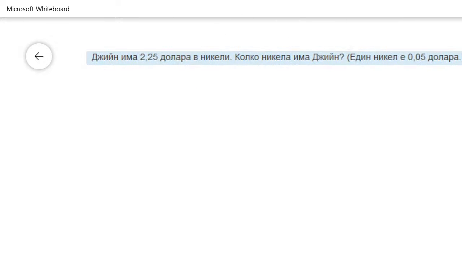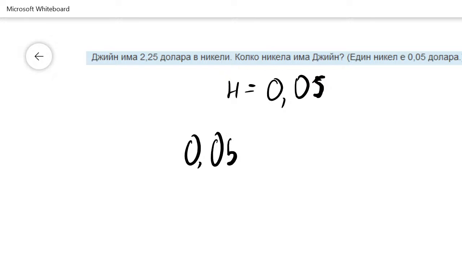And there they type it that 1 nickel is equal $0.05, because in Bulgaria we don't use dollars, and so 0.05, so that you don't wonder, I don't type it like point, but like decimal.